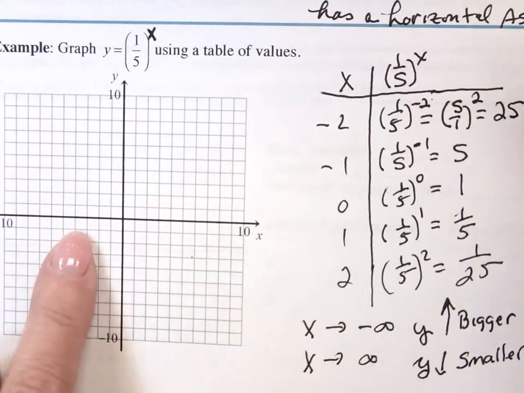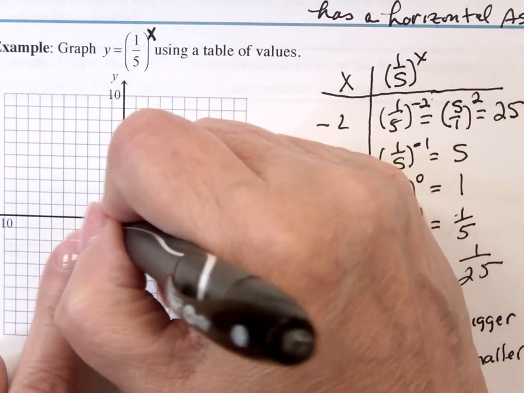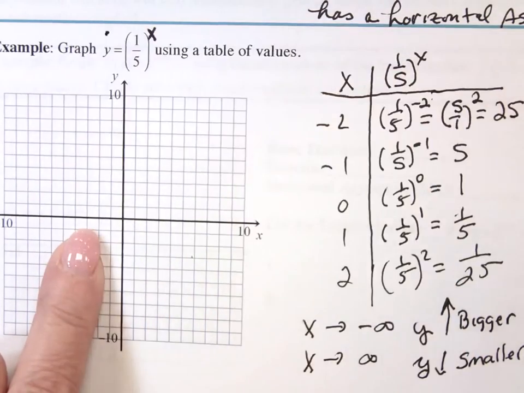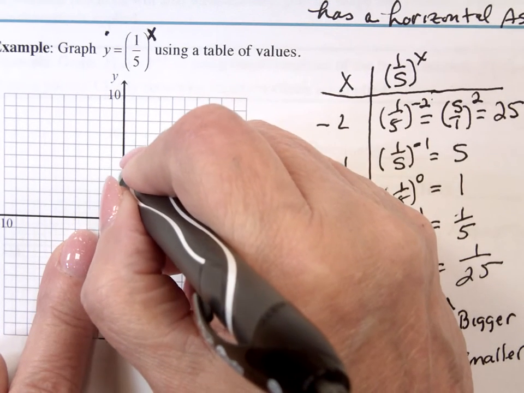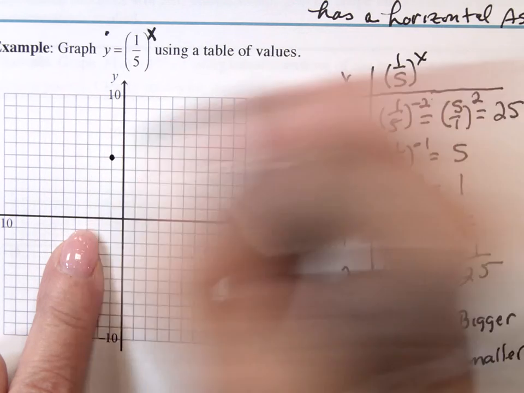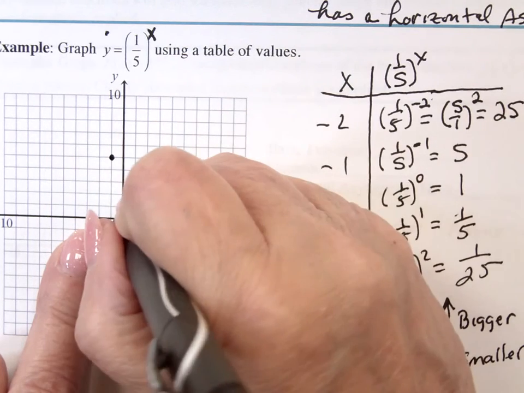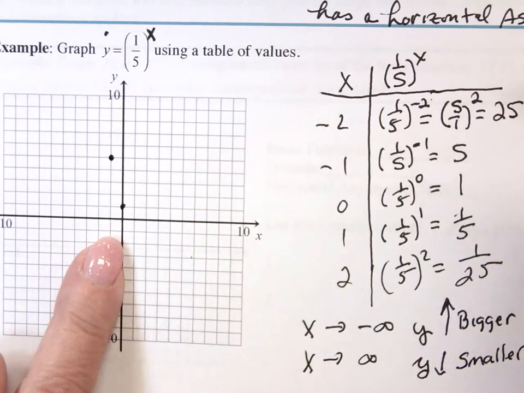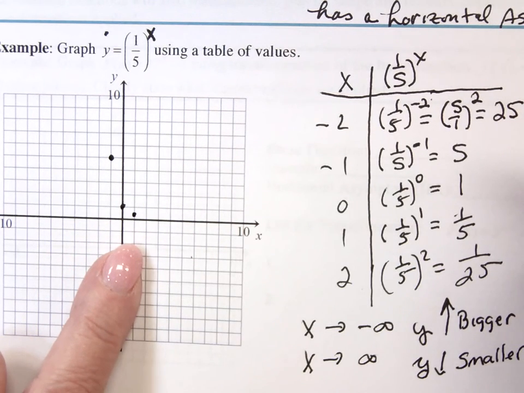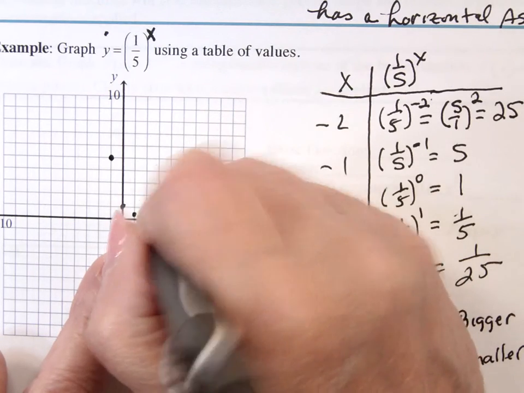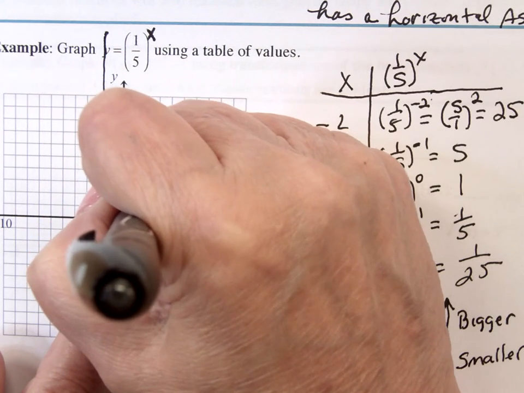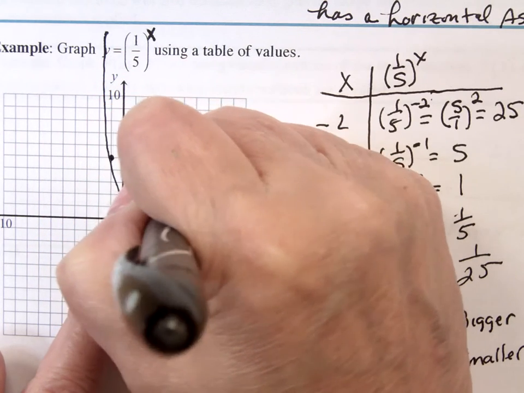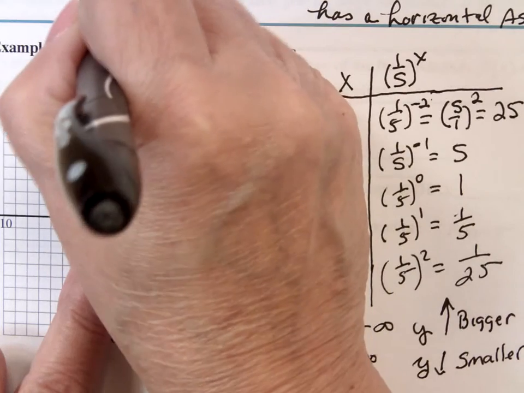So that -2 is off my graph paper. It's up here someplace. -1 is 5. 1, 2, 3, 4, 5. 0 is 1. 1 is 1/5. 2 is 1/25, and he looks just like the other guy, except flipped around the y-axis.